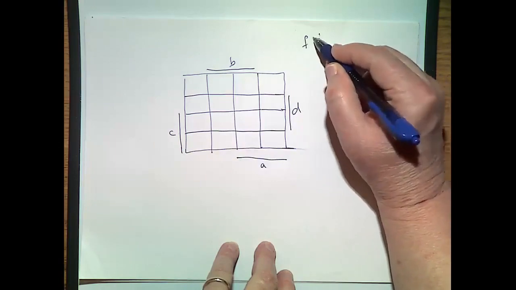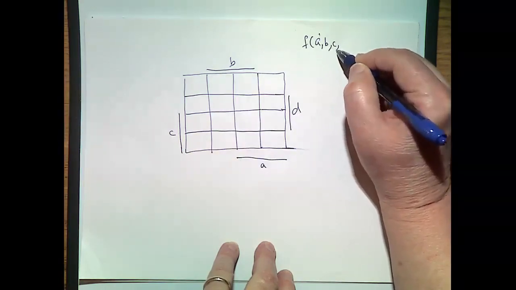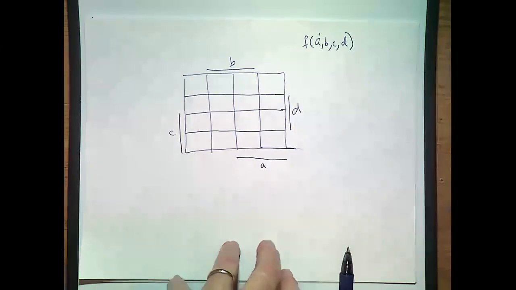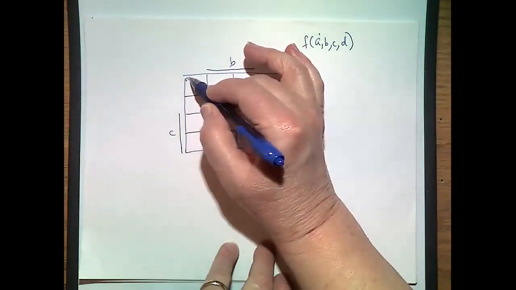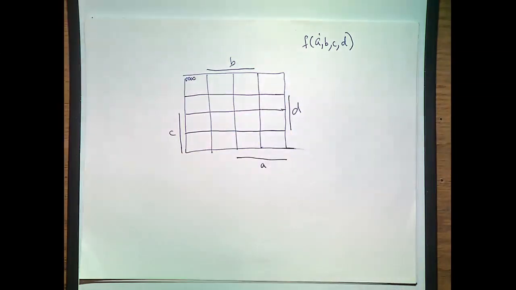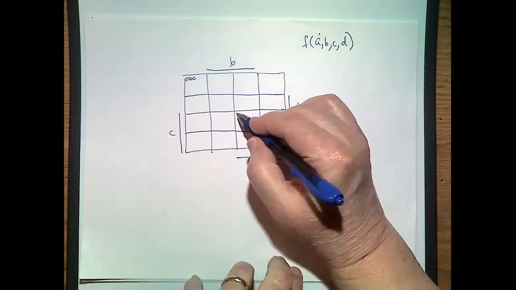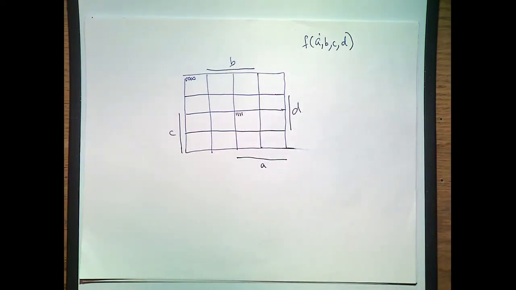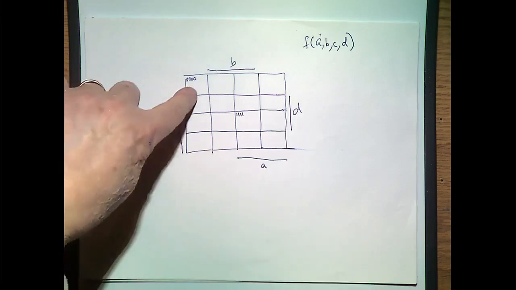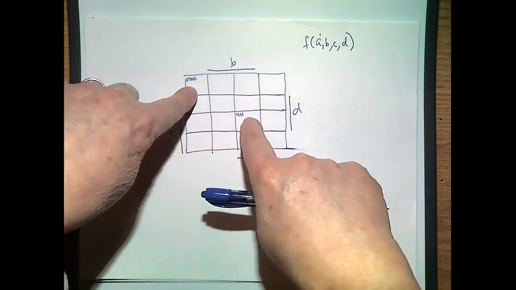This is for a function f of a, b, c, d, right? And if we do that, this cell is 0, 0, 0, 0, corresponding to not being in any of the 4 variables. And this cell corresponds to being in all 4. Those are the only 2 cells that don't care how you label the K-map. You could label it any way you want, and this is still 4 zeros, and this is still 4 ones.